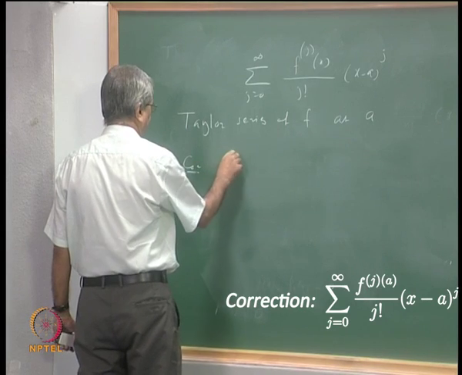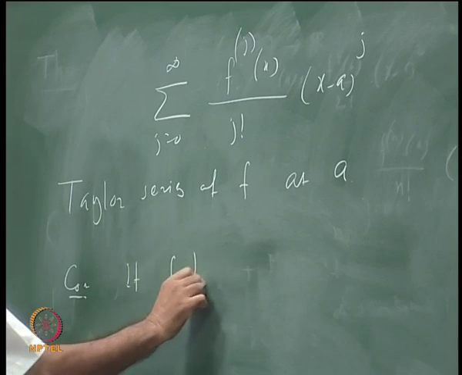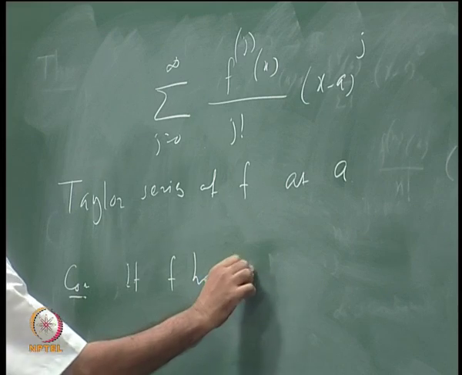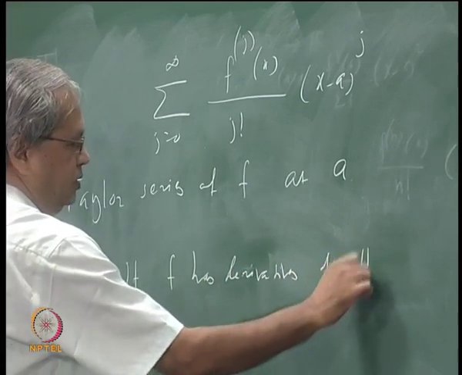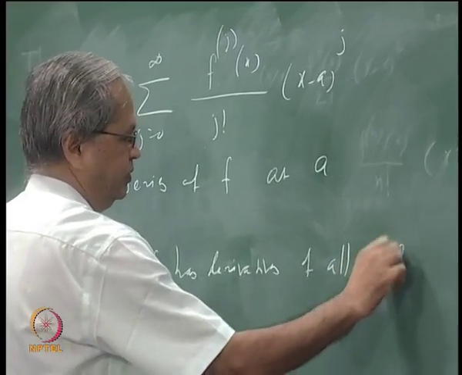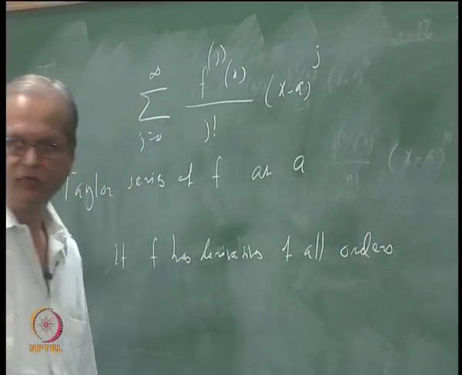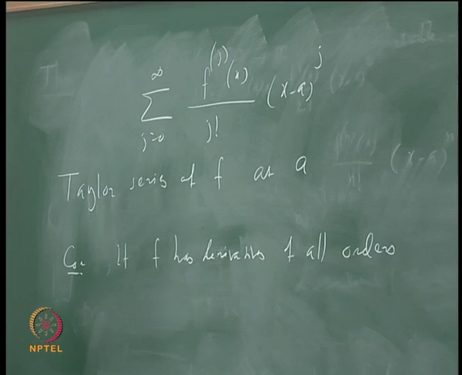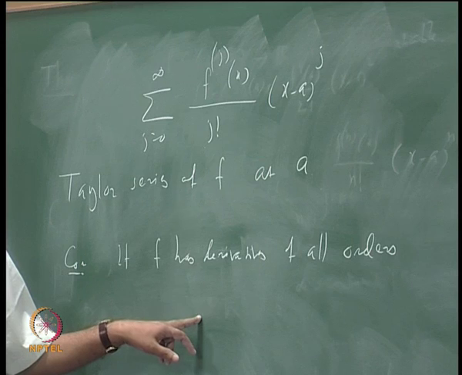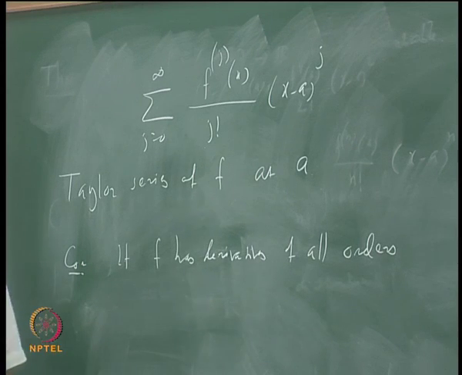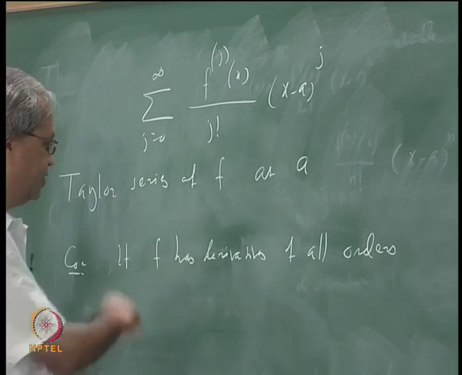If f has derivatives of all orders, sometimes this is expressed by saying that f is infinitely differentiable. What we have said, f has derivatives of all orders, some people have the habit of calling that f is infinitely differentiable.